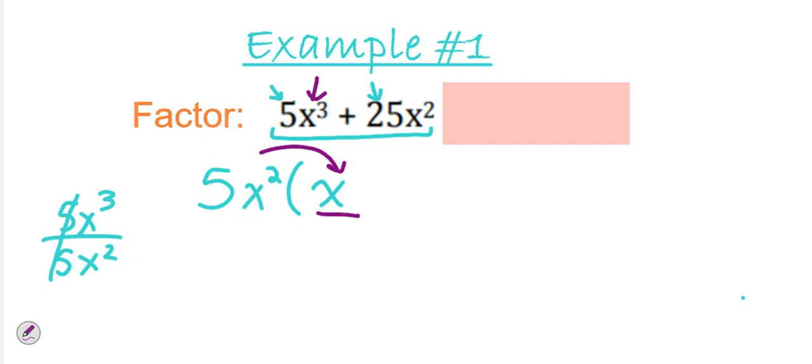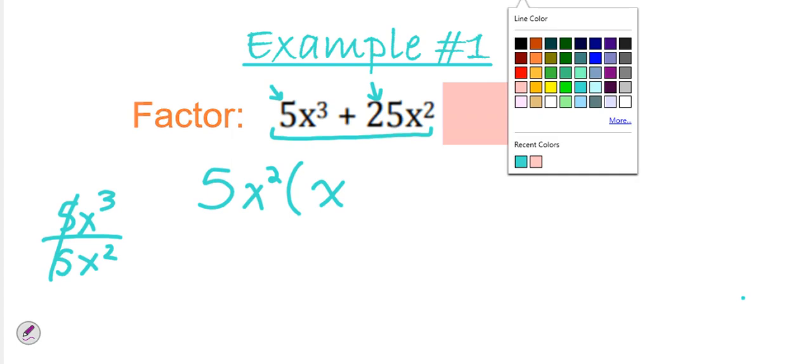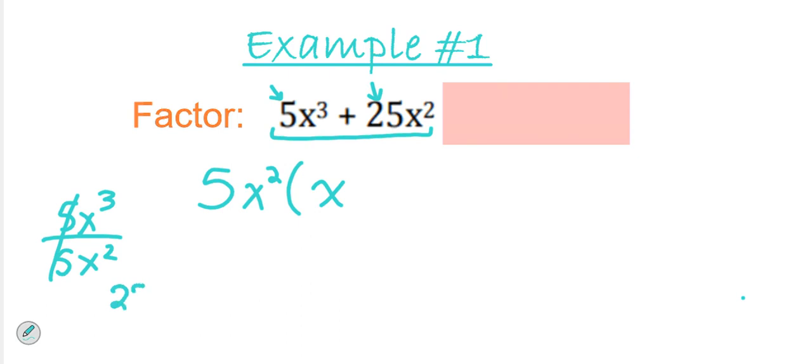Either way, we know that we have an x there, and then we do the same thing with the 25x squared. You can take the 25x squared and divide it by what we're factoring out. The x squareds cancel out, and 25 divided by 5 is 5. So we're good, right? We've done this.